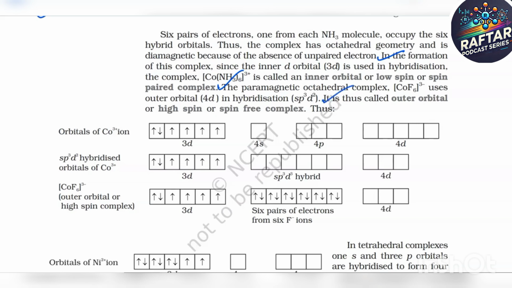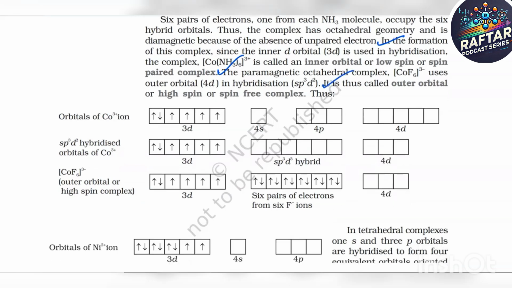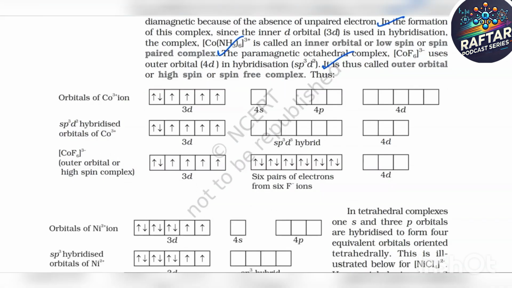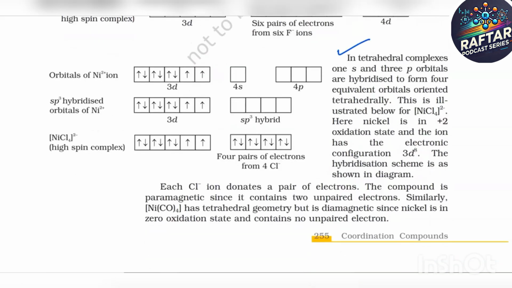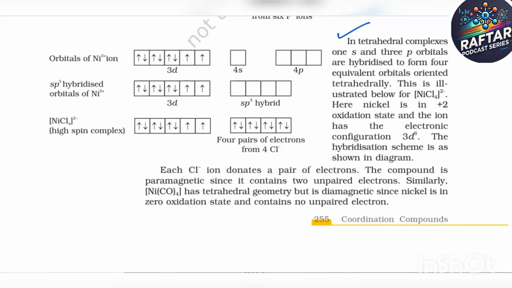In tetrahedral complexes, the 4s and 4p orbitals are hybridized to form 4 equivalent orbitals oriented tetrahedrally. This is illustrated below.